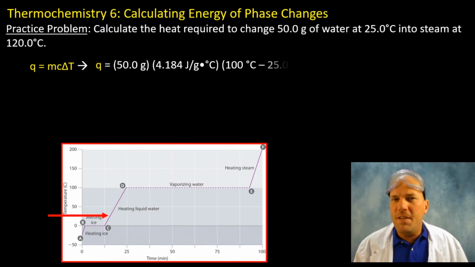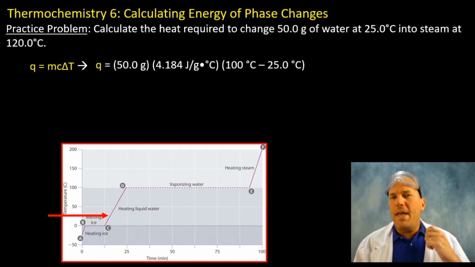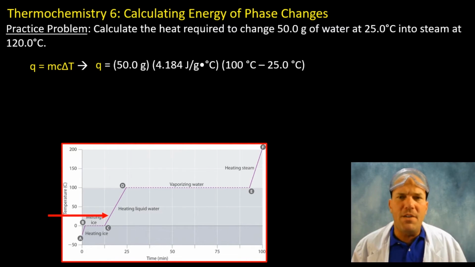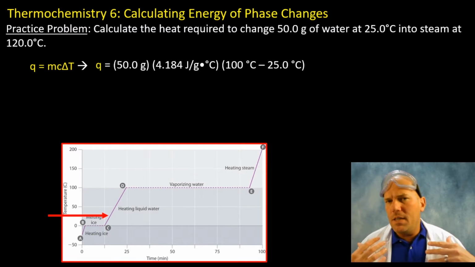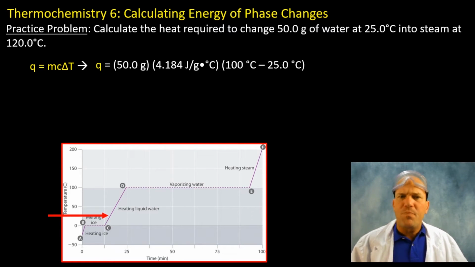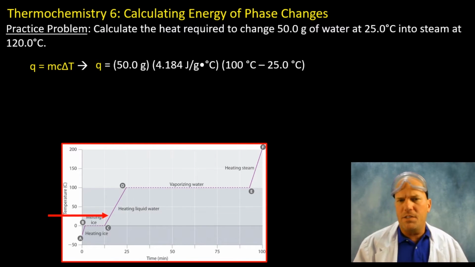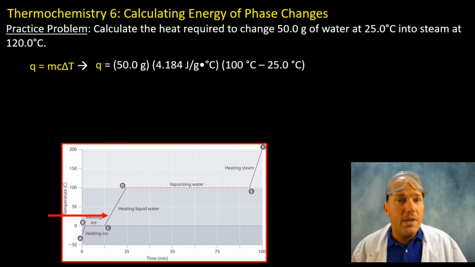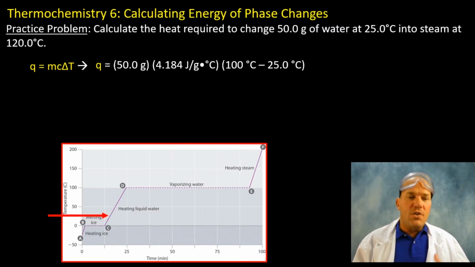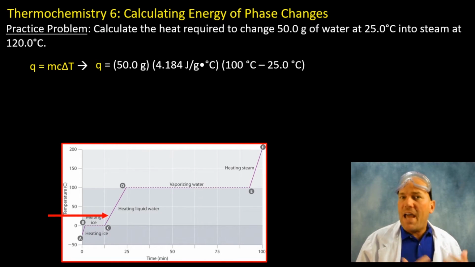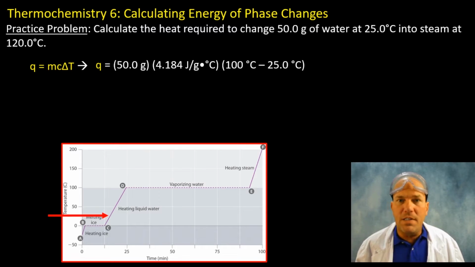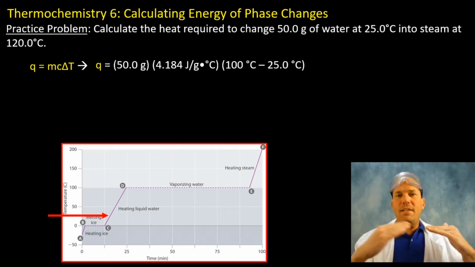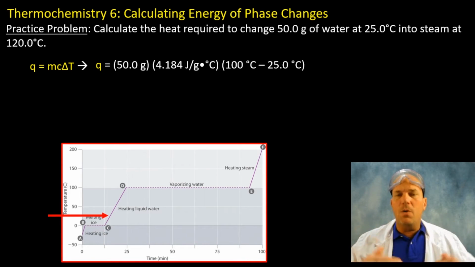We know the specific heat capacity for water, and we are also given enough information to calculate the change in temperature, because our initial is 25 degrees Celsius, and at 100 degrees Celsius, during that phase change, we're not using Q equals mc delta T. That's where the line levels and the slope is 0 during the heat of vaporization.